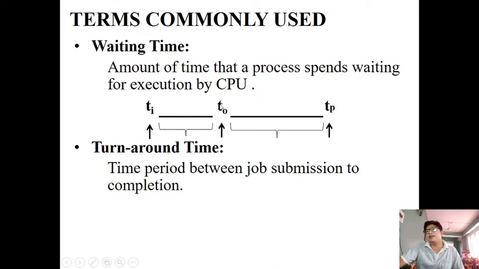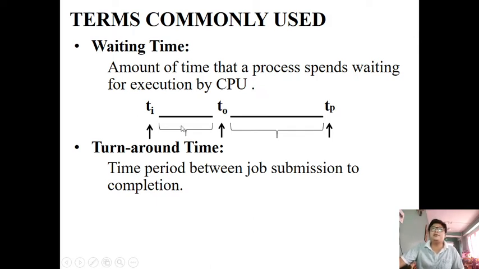At time TO, the CPU was given to that requesting process, and the CPU started executing the CPU burst of that process, from TO to TP. So from TO to TP is the CPU burst time for the requesting process. The amount of time the requesting process waited is TO minus TI, the time elapsed between TO and TI. That is known as waiting time.